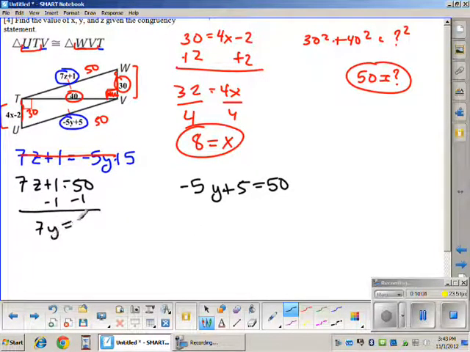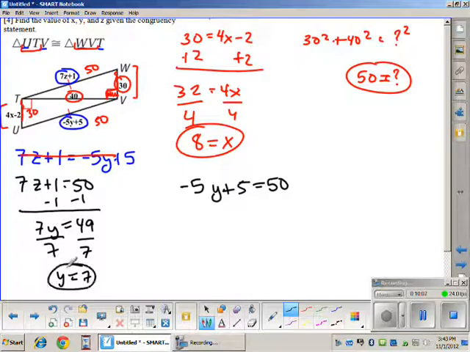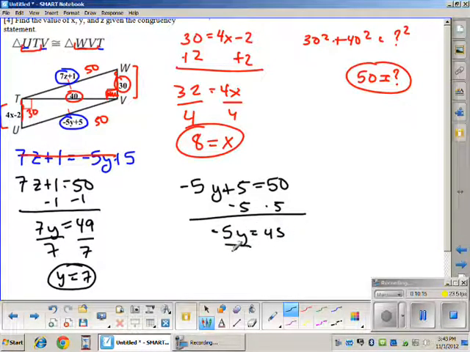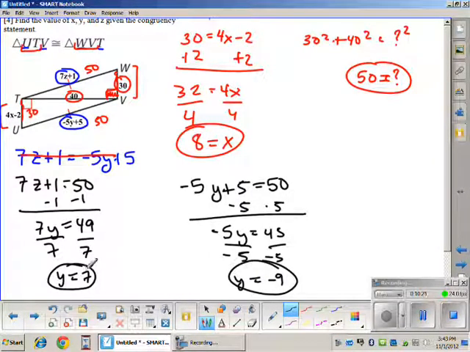Same over here. Subtract 5 from both sides. Negative 5y is equal to 45. Divide both sides by negative 5, and y is going to equal negative 9. Okay, so we have our three values. So z is equal to 7, y is equal to negative 9, x is equal to 8.